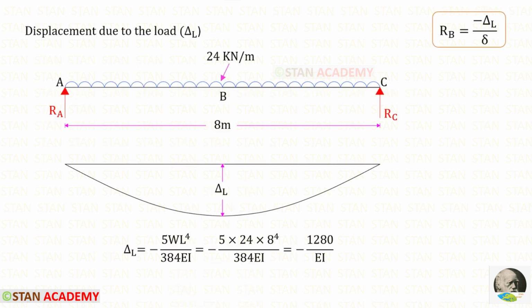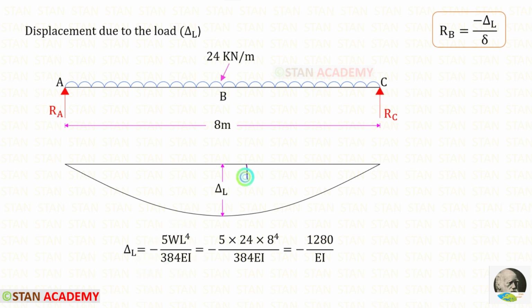In the formula, first let us find delta L, which is the displacement due to the load. Here the displacement is the deflection at point B, because from point B only we have removed RB. If in a simply supported beam a uniformly distributed load is acting over the full span, the formula to find the deflection at the center is 5WL^4 upon 384EI.